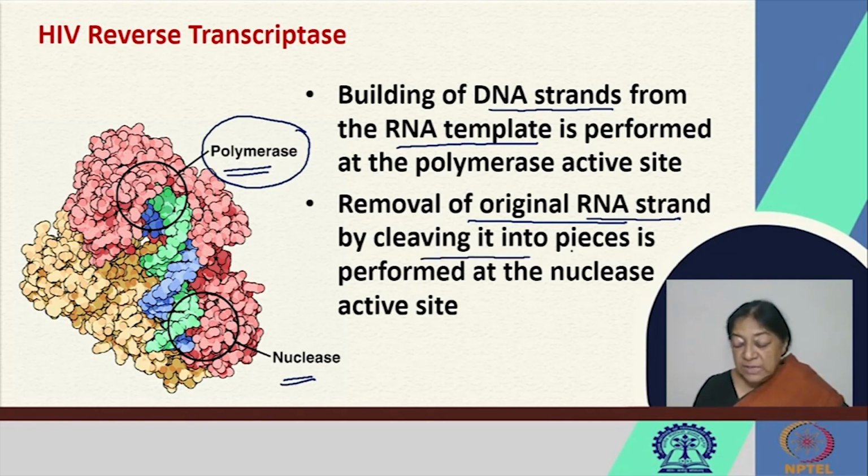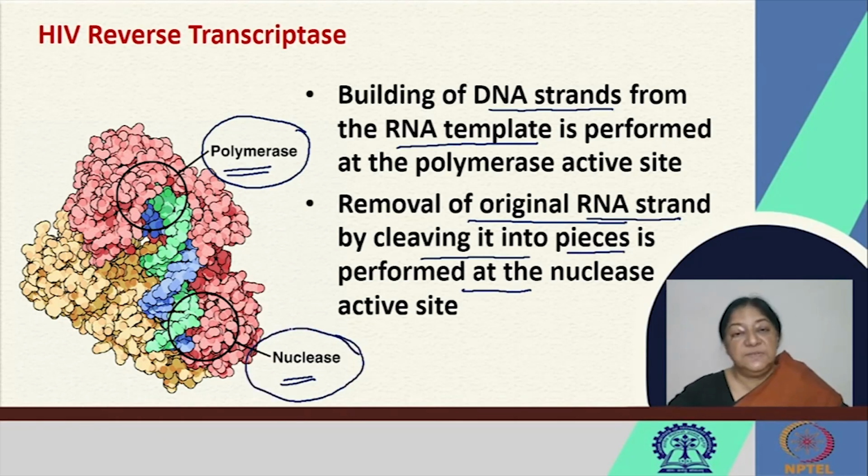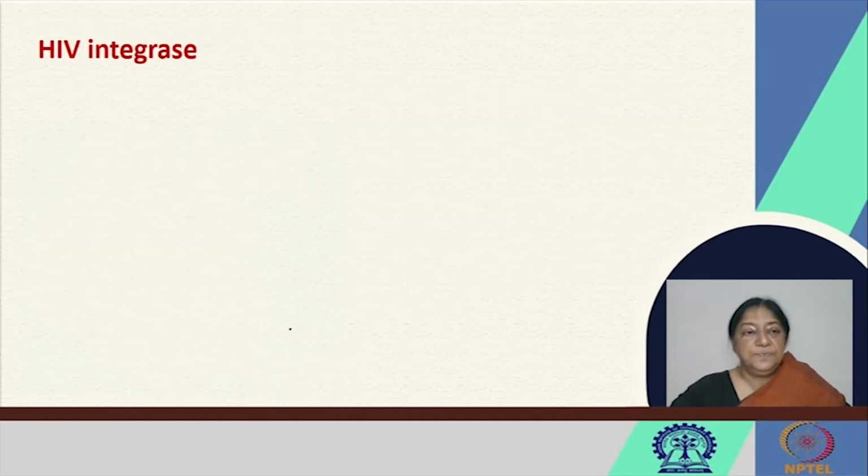So this is then cleaved into small pieces and this is performed at the nuclease active site. So there are two functions occurring here. One is the building up of the DNA strands from the RNA template, and the other is the destruction of the original RNA strand by cleavage at the nuclease active site.